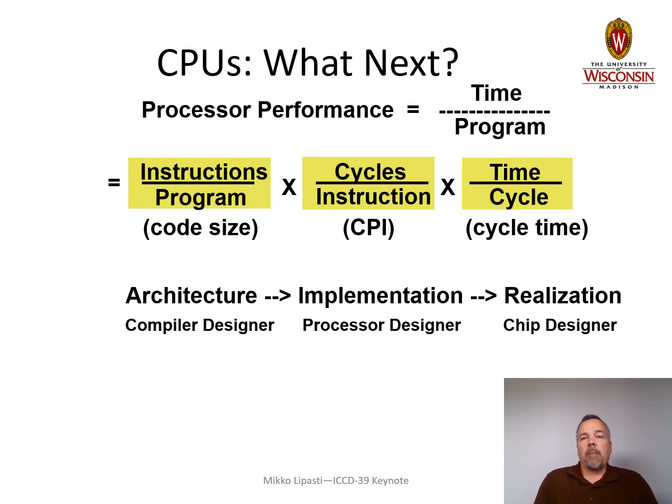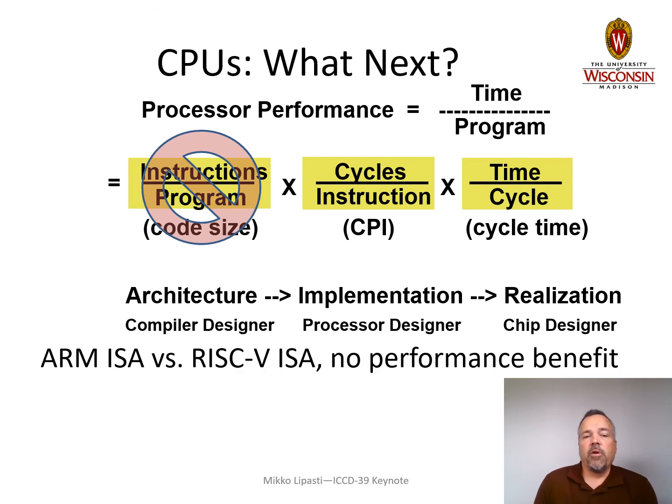All right, so popping back to the iron law, where do we see this going next? We have been talking about improvements in the middle column here in the CPI and improvements in the cycle time on the right-hand side. I think we can pretty safely say that there's probably not going to be a lot of innovation in that first term.